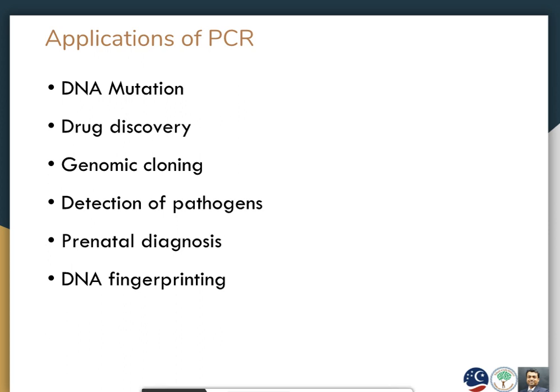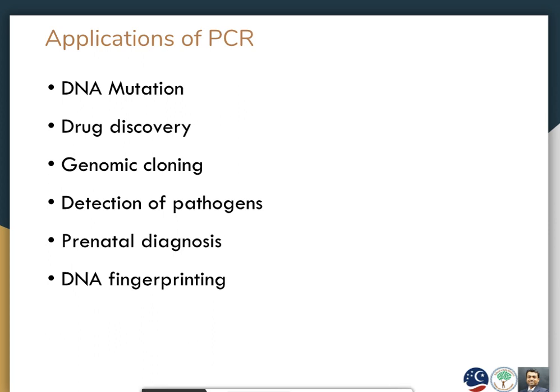There are various applications in different aspects of biotechnology we can make with this PCR. For example, to study DNA mutation, you can design a specific primer, have some specific PCR conditions, run it, analyze it on the gel, and you can see the differences in the banding pattern.